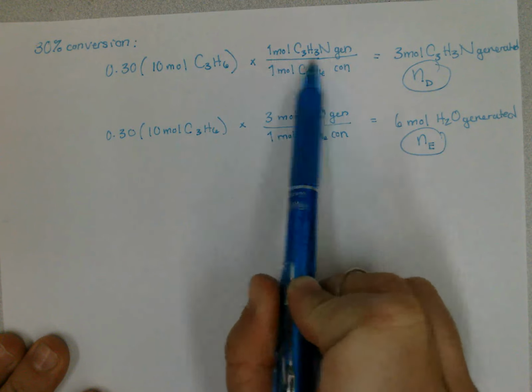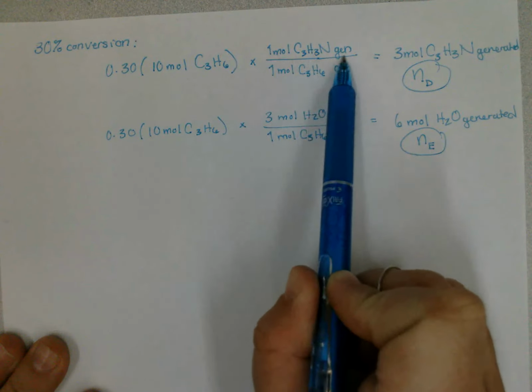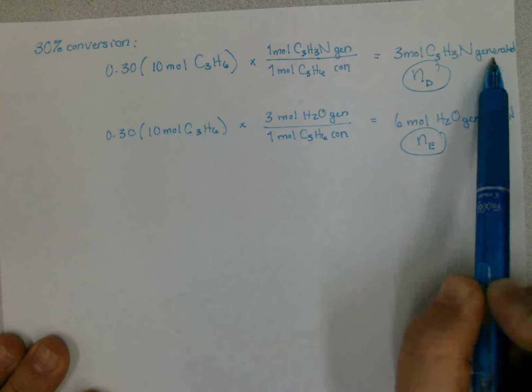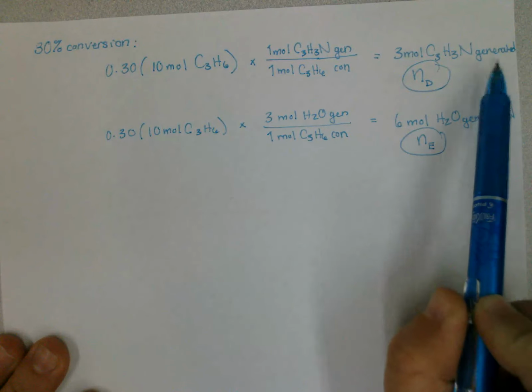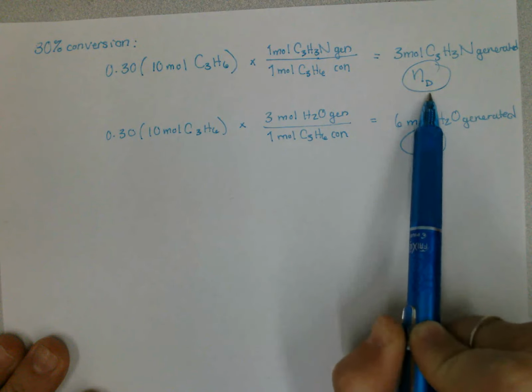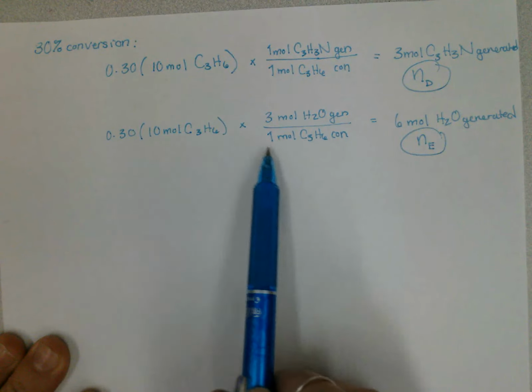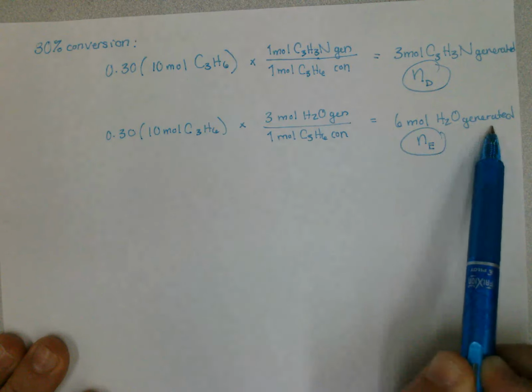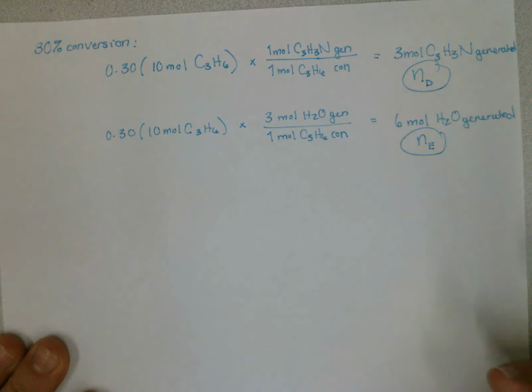We're going to have 1 mole of acetonitrile generated for every 1 mole of propylene, so we're going to get 3 moles of acetonitrile generated, and that's our N that comes out. Same thing here, but with a different stoichiometric ratio for water. That's going to give 6 moles of H2O generated on the outflow.